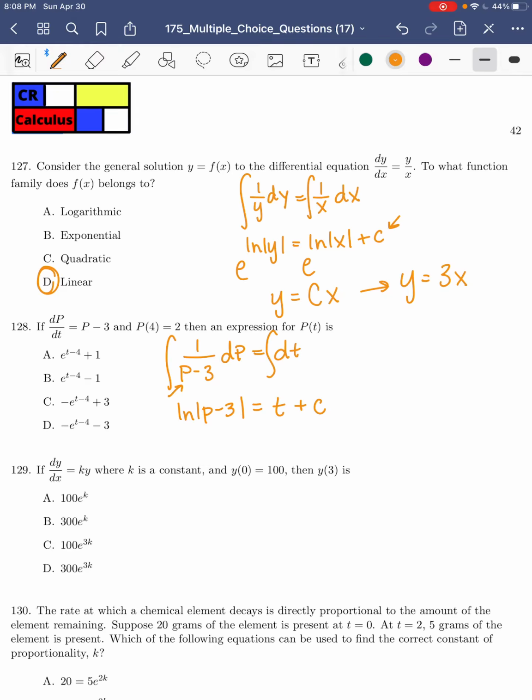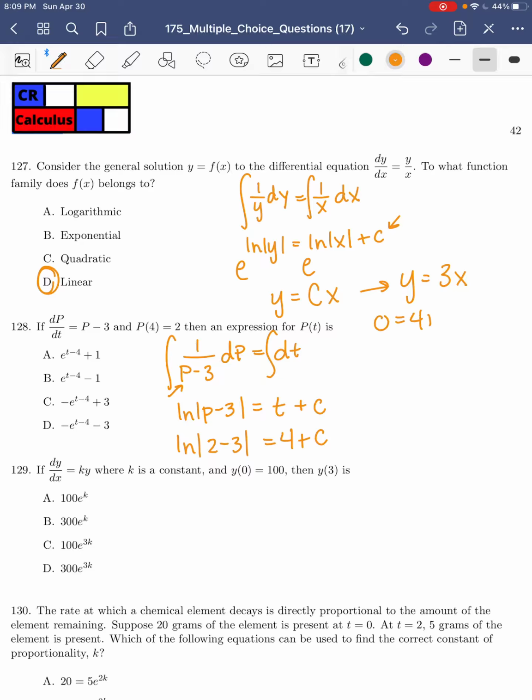And then I can go ahead and plug in, so natural log of 2 minus 3 equals 4 plus c, based on the initial condition they gave us. So this is going to end up being natural log of negative 1, but notice there's the absolute value there, so that just becomes 0.